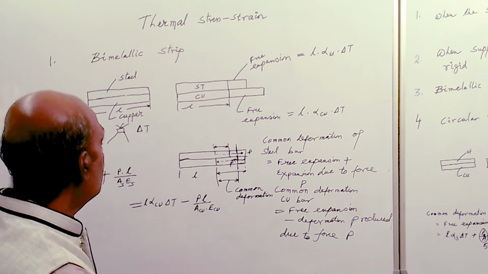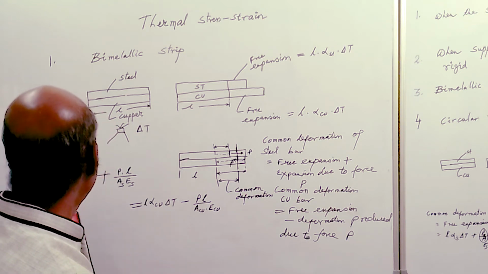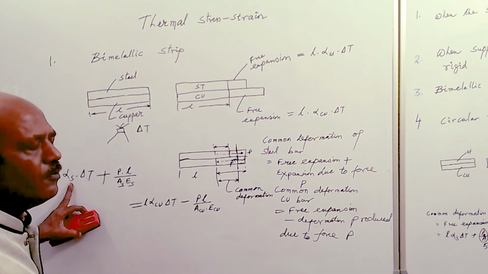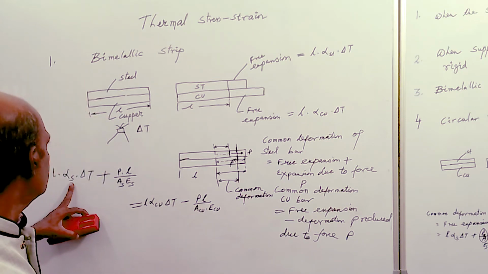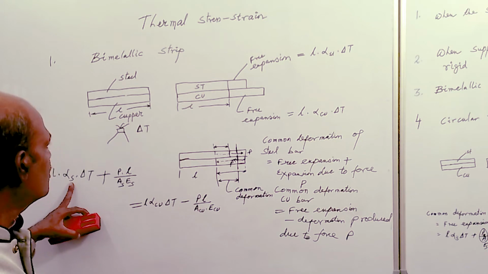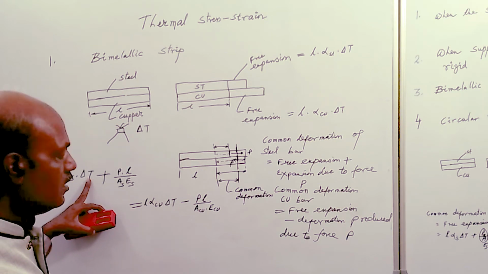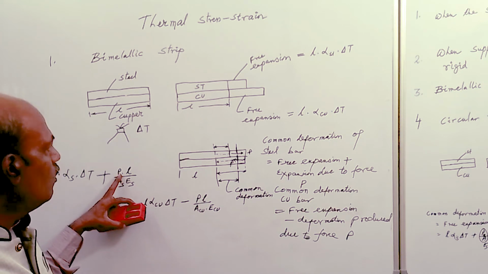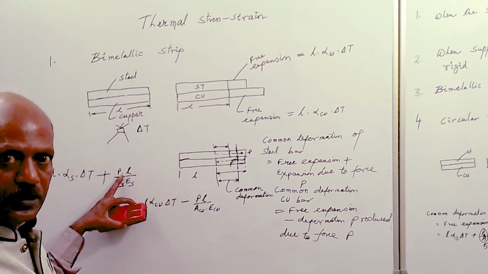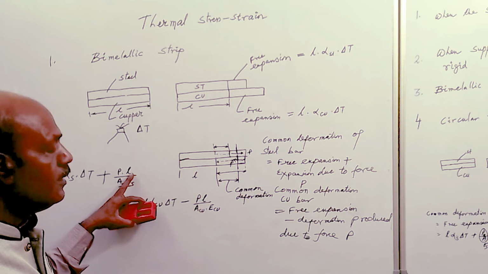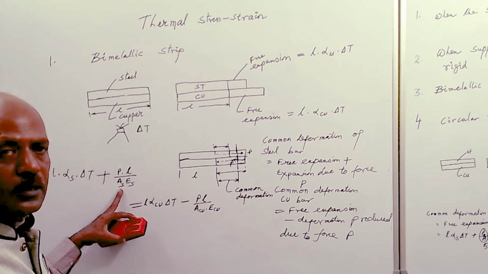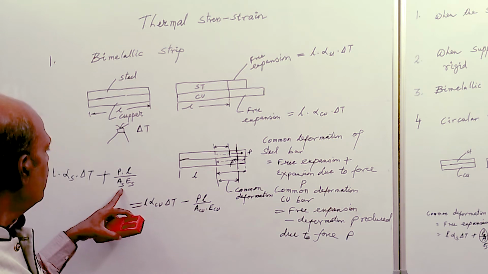So this is all about your bimetallic strip, where L is the original length, alpha S is the thermal expansion coefficient of the steel bar, delta T is the temperature difference created, P is the load developed in both the bars, that will be equal, and L is the original length of both bars.